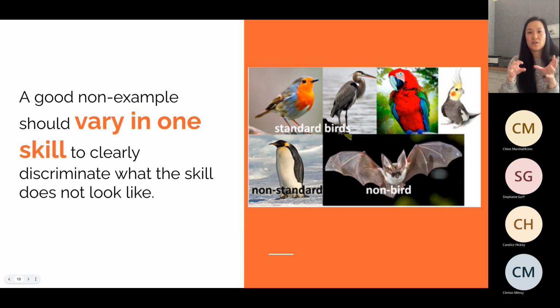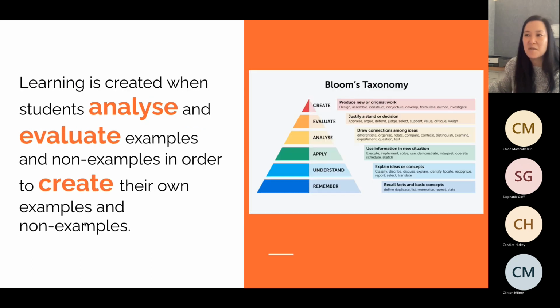You want to make sure that you're not varying in all different types of skills. You're not trying to show too many things in one example, but when you vary the actual skill that you're trying to target between the example and the non-example, that is what helps students learn best. I don't know if there are any questions so far, but pop those in.